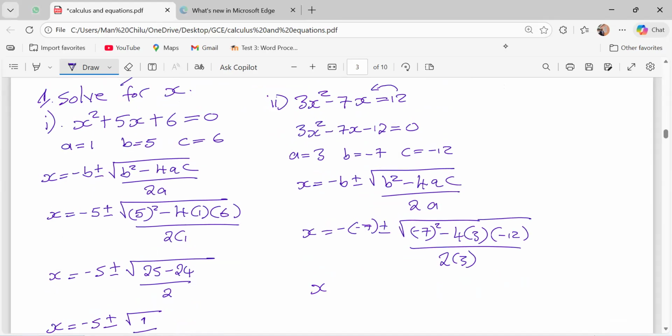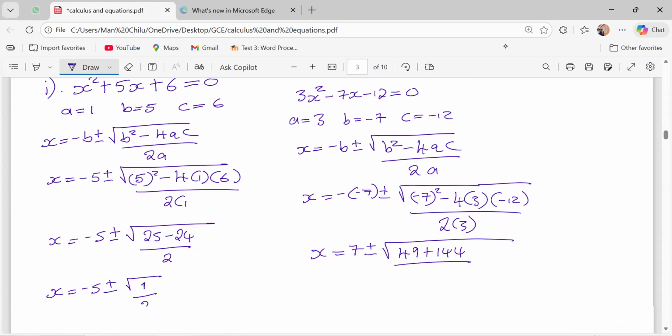Our x will be equal to negative times -7, we get +7, positive or negative, square root of -7 squared, we get +49, -4 times 3, that's -12, -12 times -12, we get +144, over 2 times 3, we get 6.